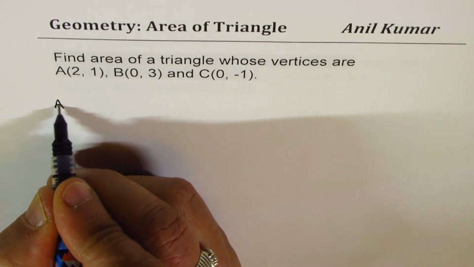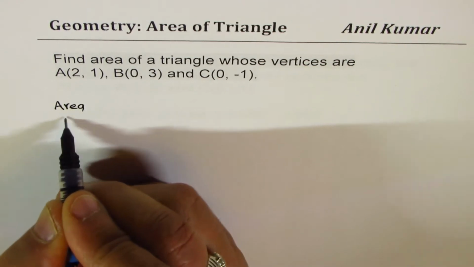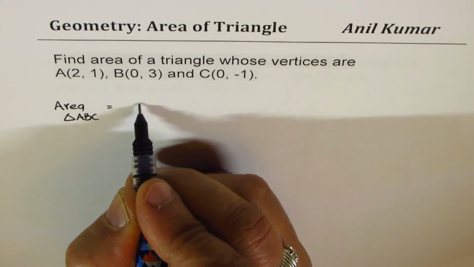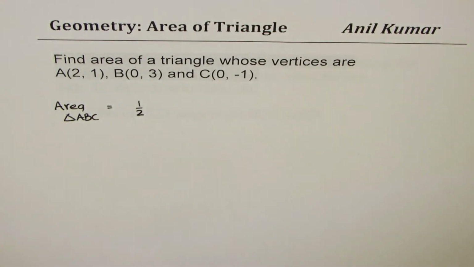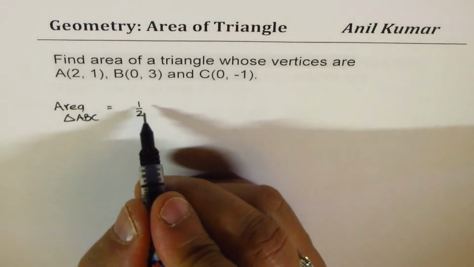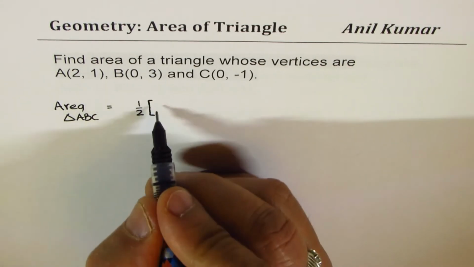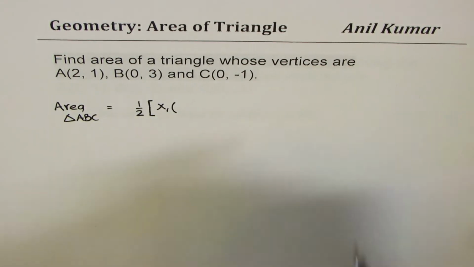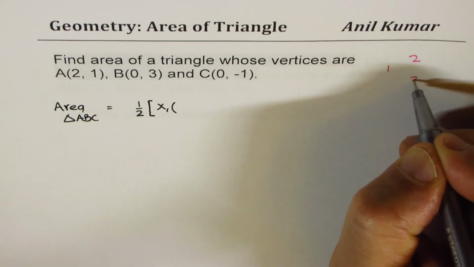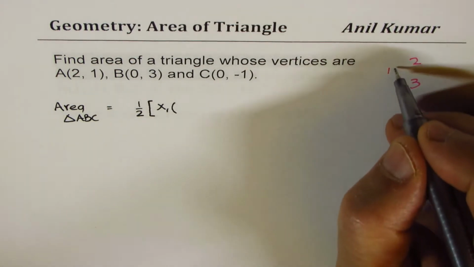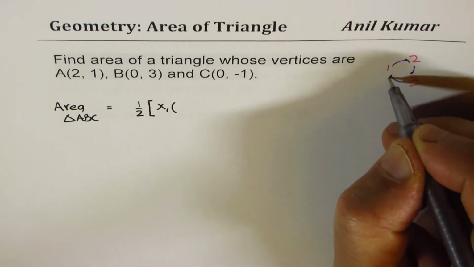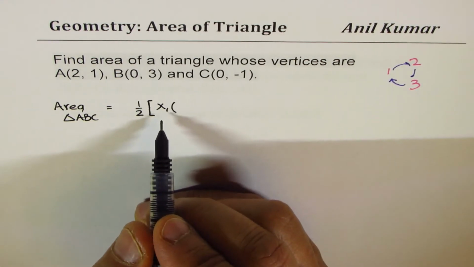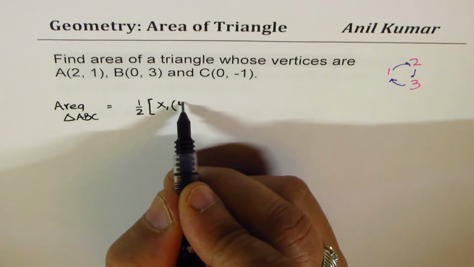We say area of triangle ABC is equal to absolute value, right? So half is always positive. Anyway, we'll write absolute value also. Half of x1 times, we have to remember this also, correct? So what I'm doing here is again writing 1, 2, 3 for you, so that this cycle is being maintained to remember. Otherwise, we might do a mistake, right? So x1 comes, then we have to do 2 and 3 for y2, right?